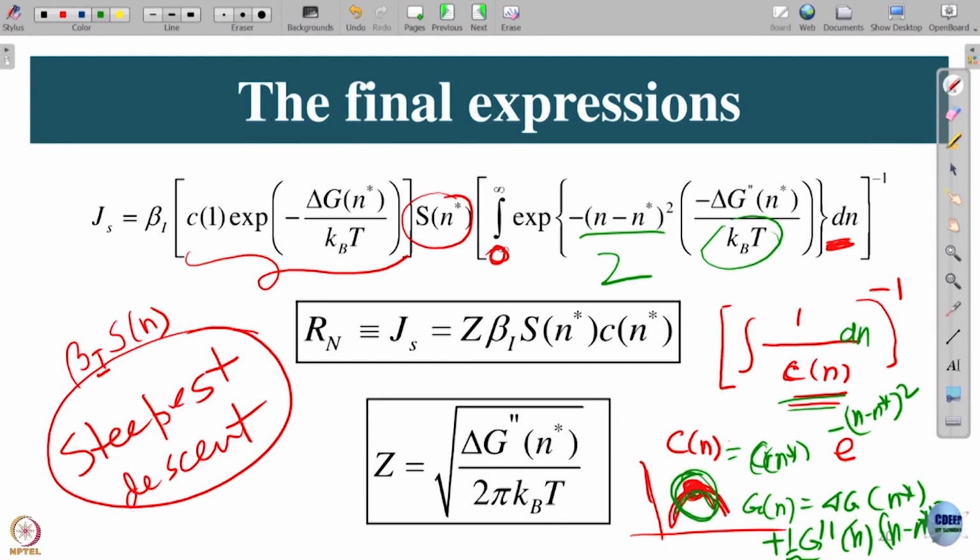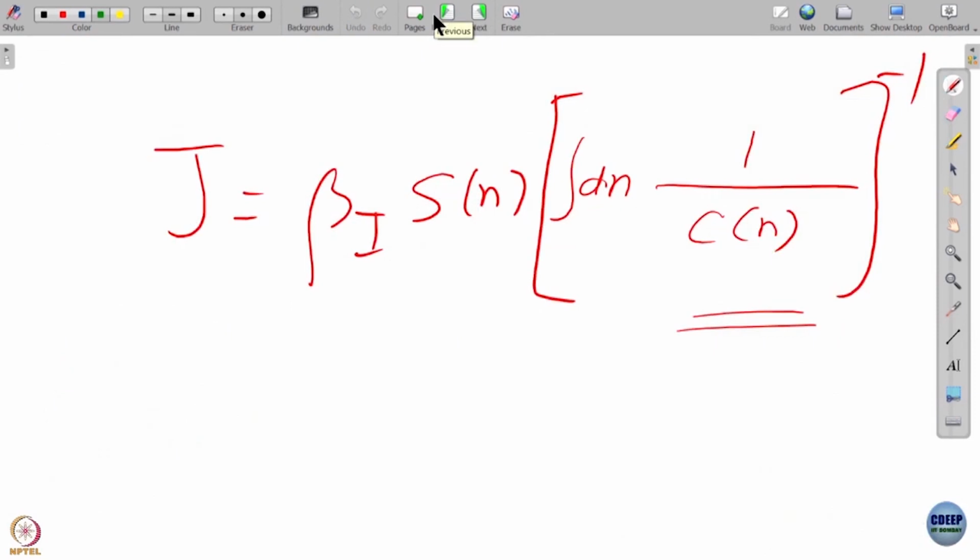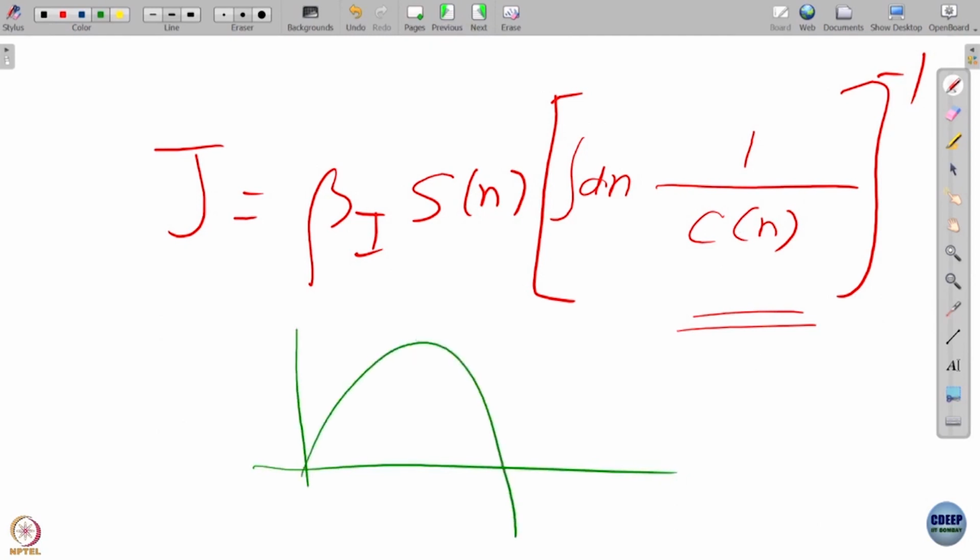It is a little tricky. I have to do the integral, so I have to do this integral, and in this integral I use the following property, that this Cn is very, very small here, and this is the smallest Cn in this landscape, where Cn is e to the power minus beta delta Gn by the Boltzmann distribution, and this delta Gn is maximum.